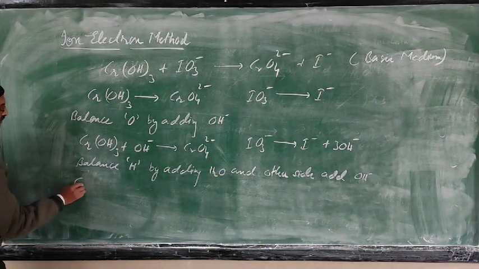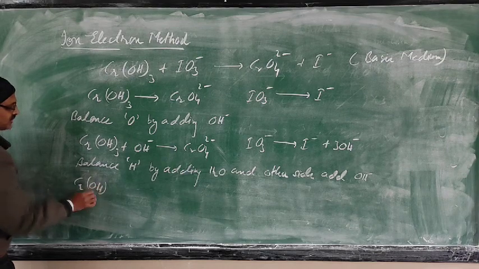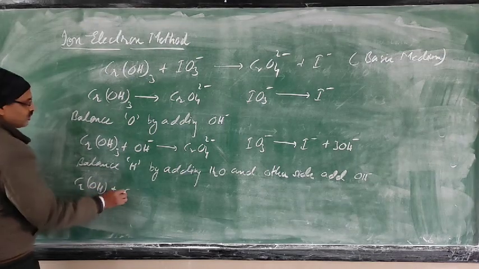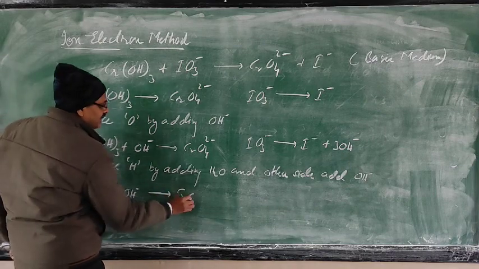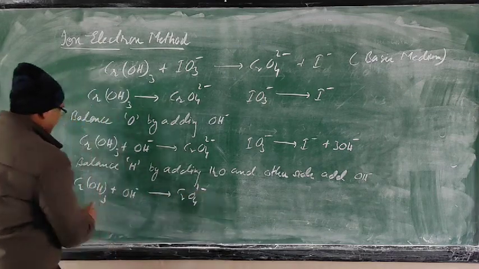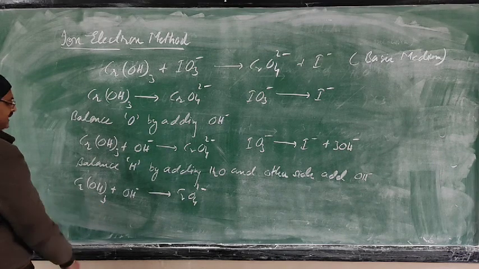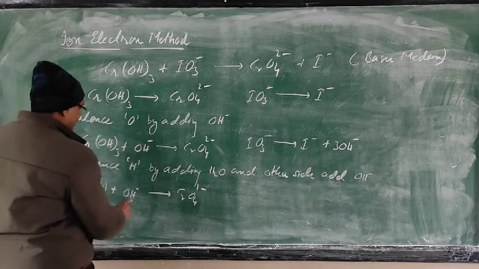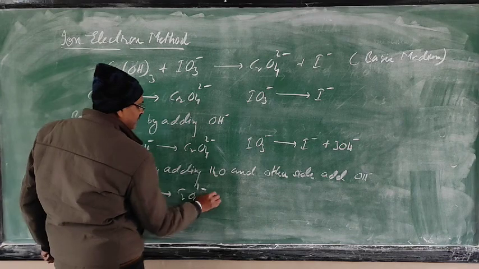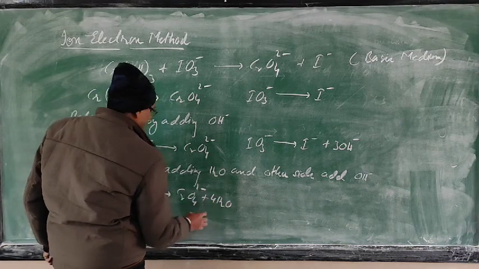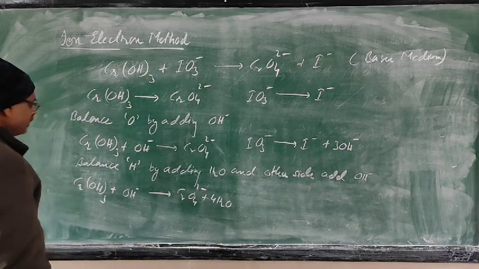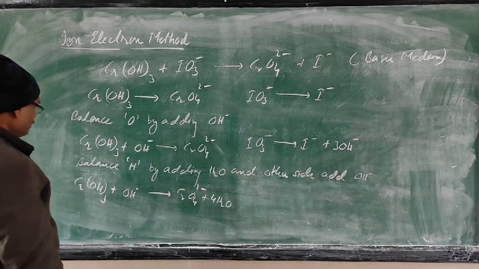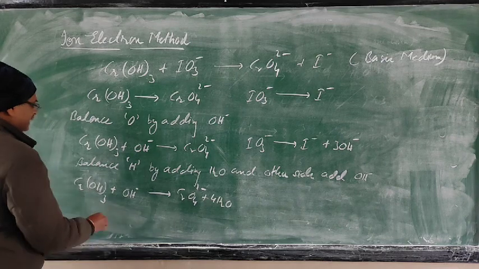So Cr(OH)3 plus OH gives CrO4 2 minus. Hydrogen is 3, 1, that is 4, so you add 4 H2O on the product side. Since you have added 4 H2O, you add 4 OH on the other side.